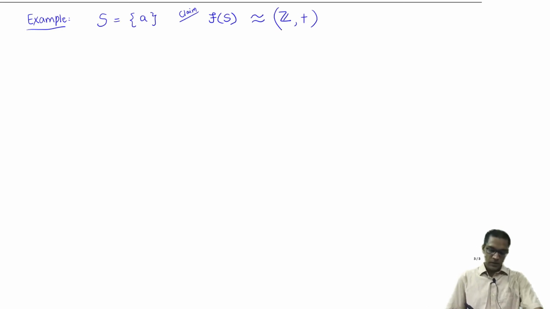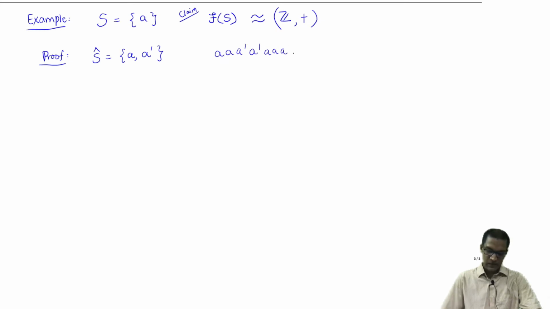So let's prove this. I'm going to prove my claim. Observe how we constructed the free group. We first have to look at words in the alphabet A and A prime. The typical word here will look like some A's and then some A primes and some A's again and some number of A primes and so on and so forth.